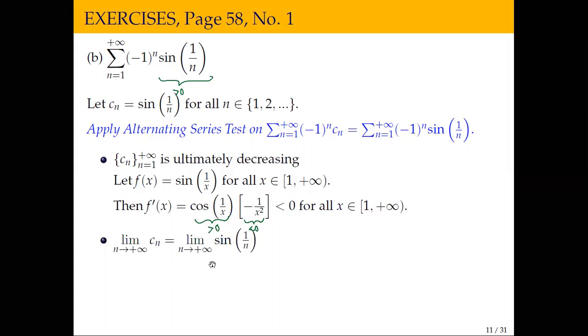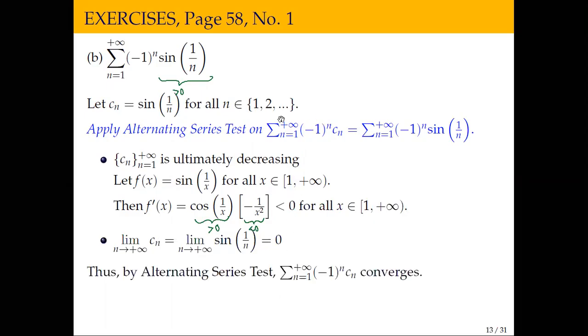As n goes to positive infinity, 1 over n goes to 0, so this is just sine of 0, which is 0. So we have shown that the limit of c sub n as n goes to positive infinity is 0. Thus, by the alternating series test, we say that this alternating series converges.